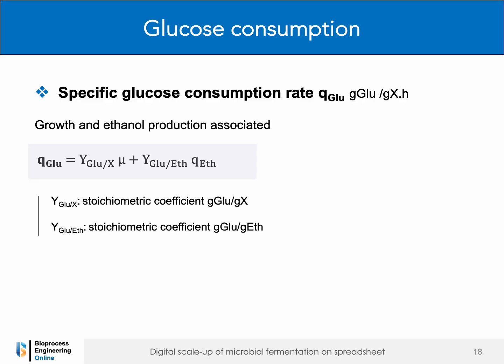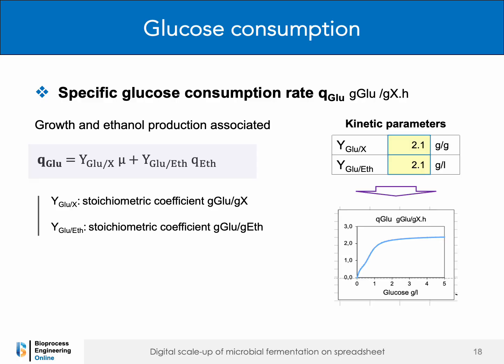Here, Yglu over X represents the glucose consumption per unit of biomass formed, and Yglu over Eth, the glucose consumption per unit of ethanol produced. For a specified set of kinetic parameters, the spreadsheet allows visualization of how the specific glucose consumption rate varies with glucose concentration.